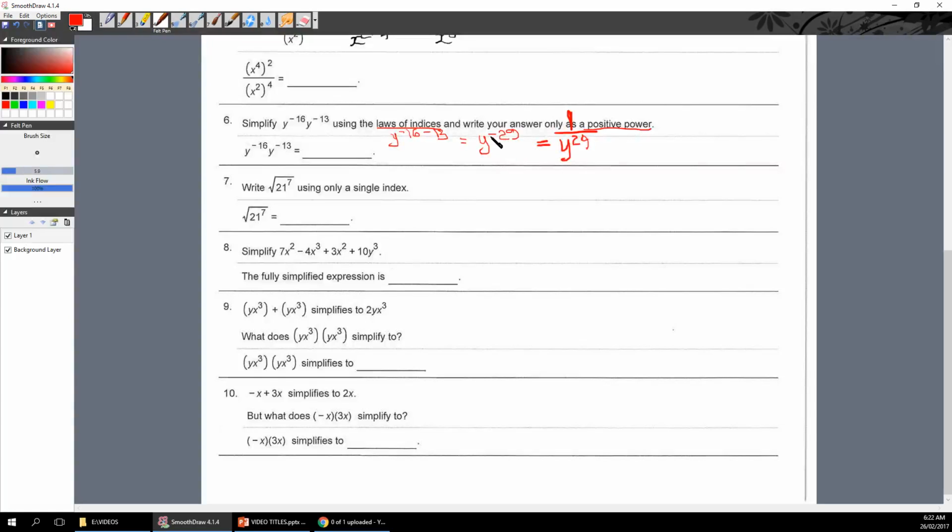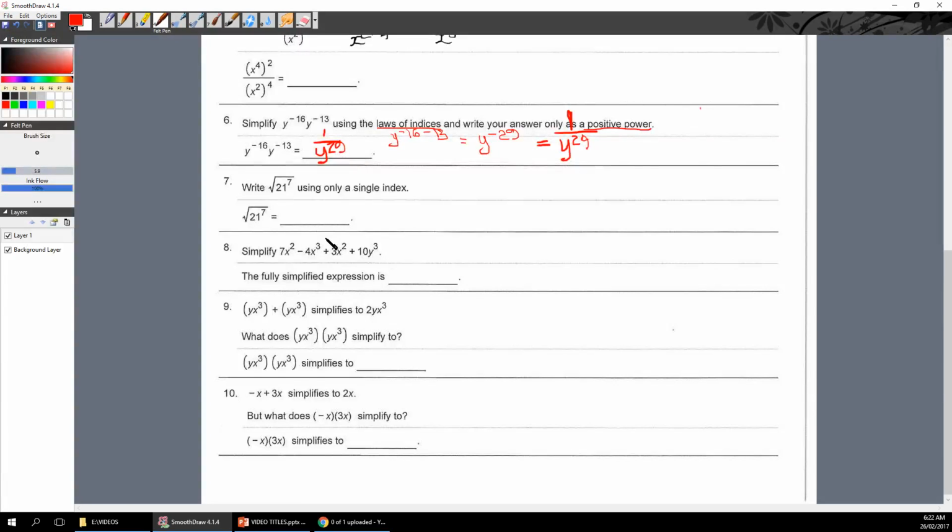If you put it 1 over, that changes it from a negative to a positive. So I'll just write that in here as our answer: 1 over y to the 29.